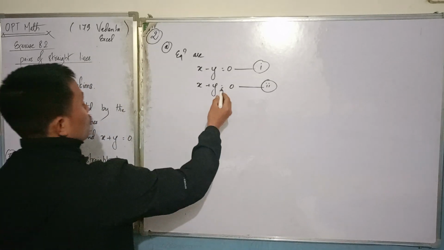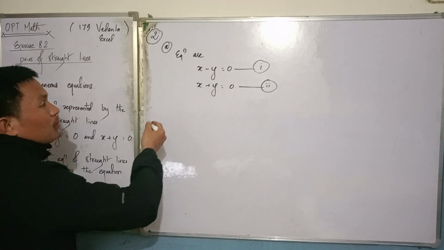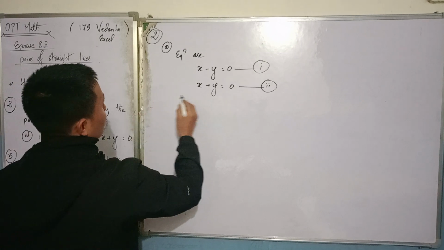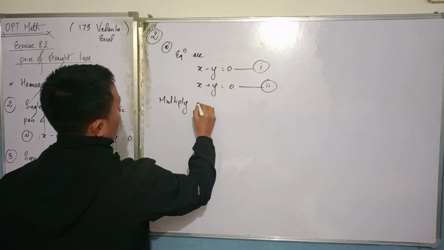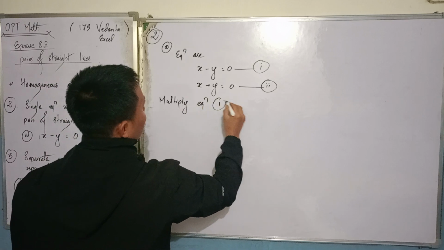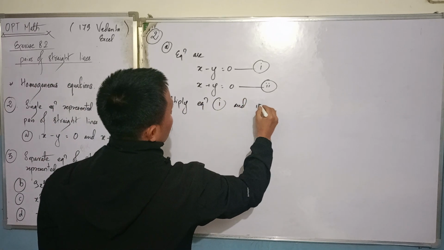So what you do is just multiply equation I and II.